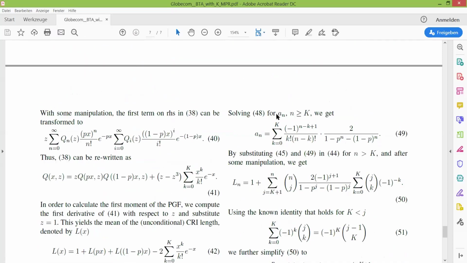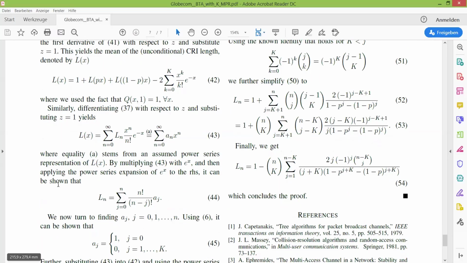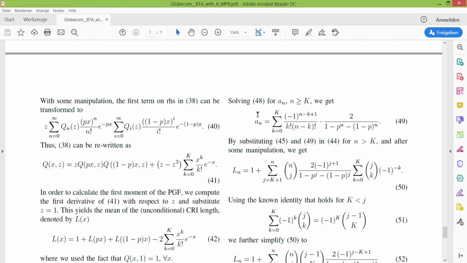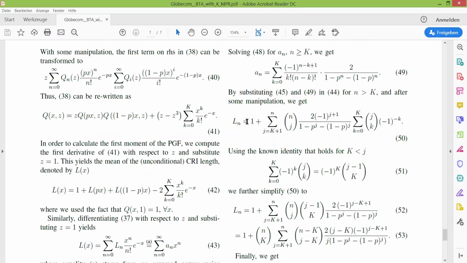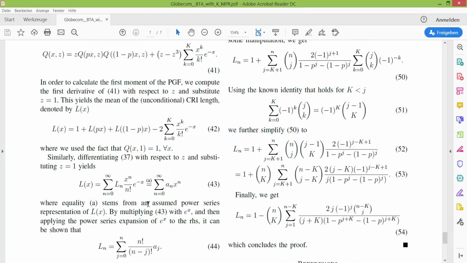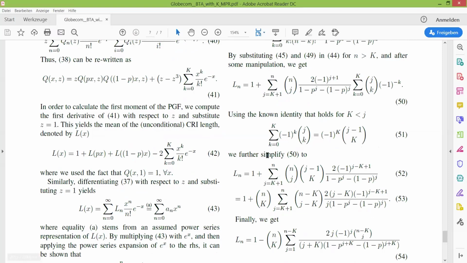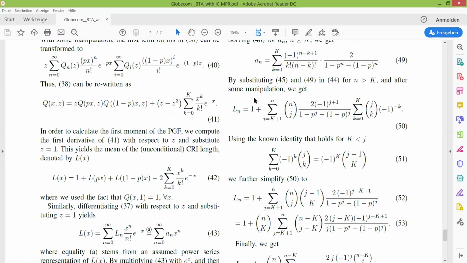And once you have that, then you can use this equation to extract the coefficients of ln, and then you can write ln from this formula. And then this is what you write, and then you're happy that you finally found something.